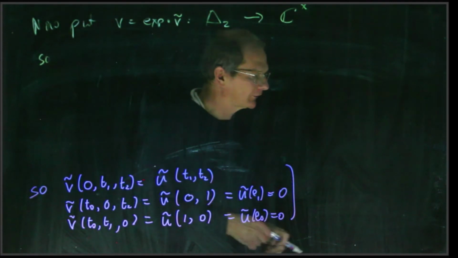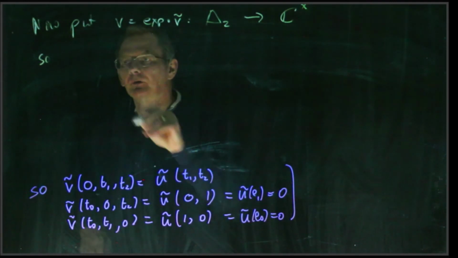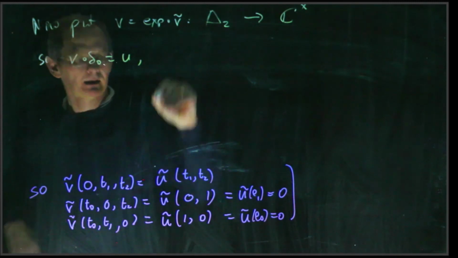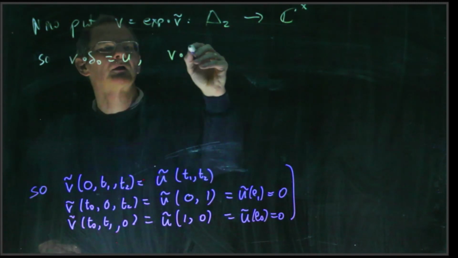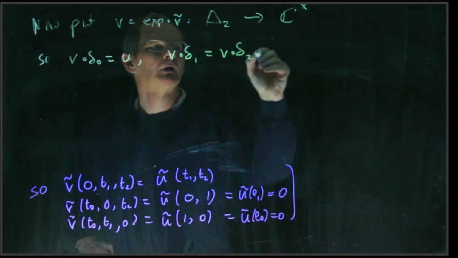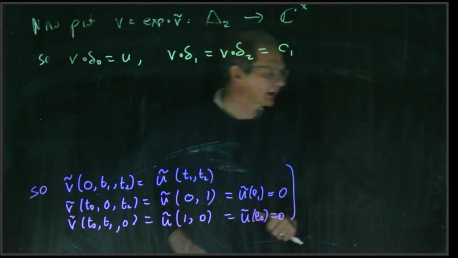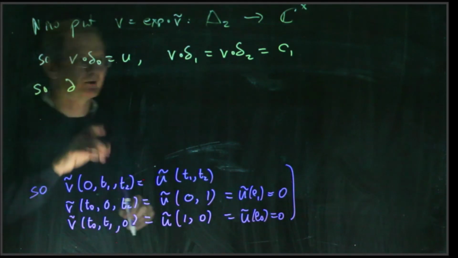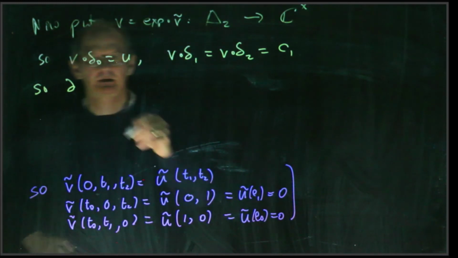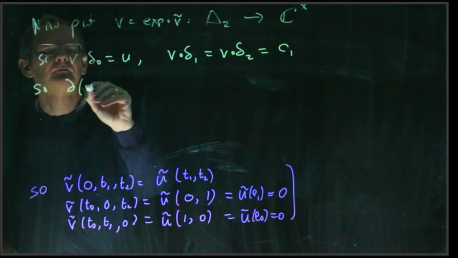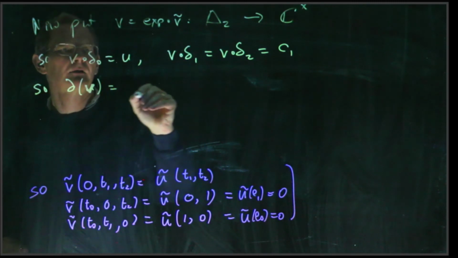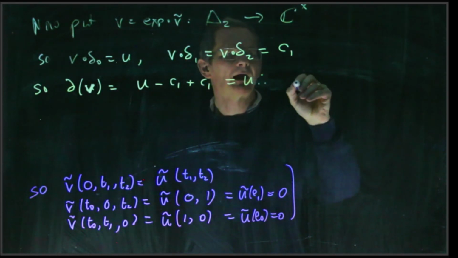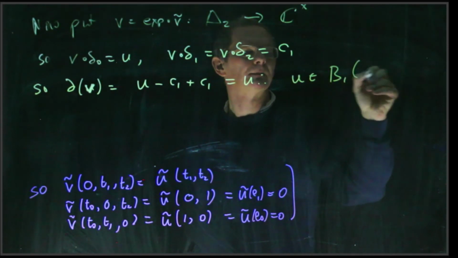Reading off from what we got, the first edge tells us v composed with delta 0 is u, and the other two tell us that v composed with delta 1 and v composed with delta 2 are just a constant map with value 1. So in other words, v is a fill-in for u, if you like, just to recall the argument. So you get d of v, which is u minus c1 plus c1, which is u. Therefore, u is an element of B1 of C cross.